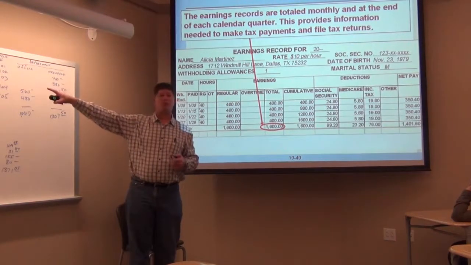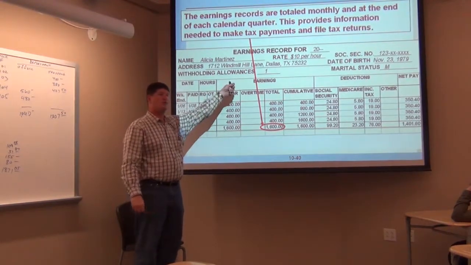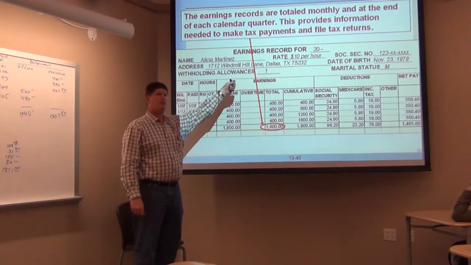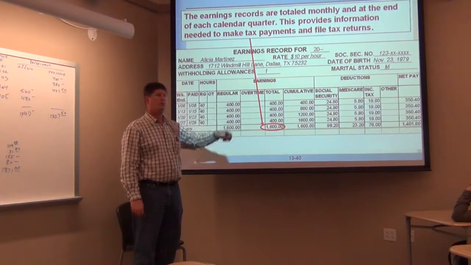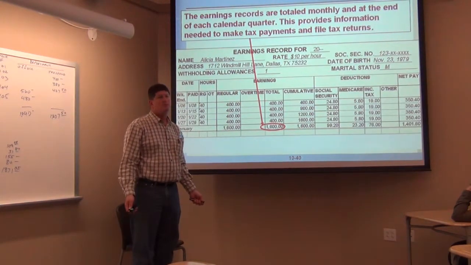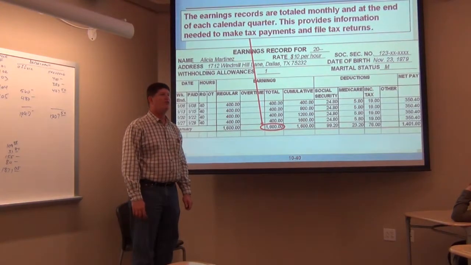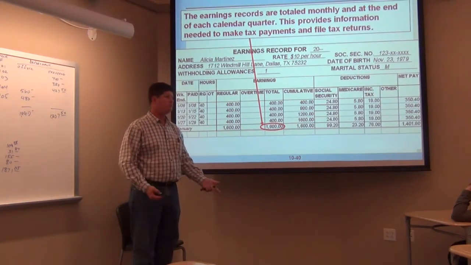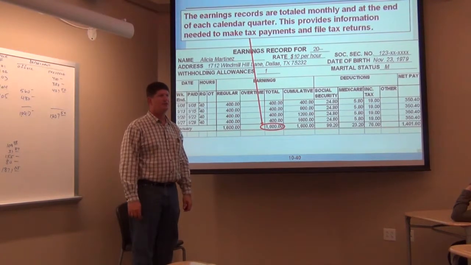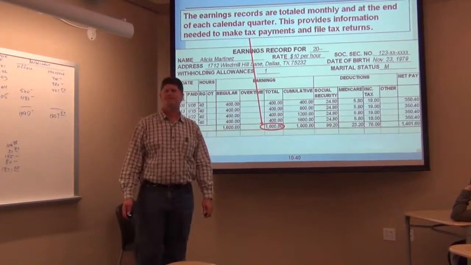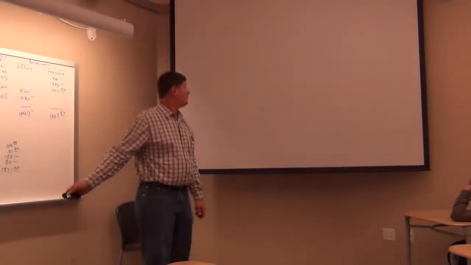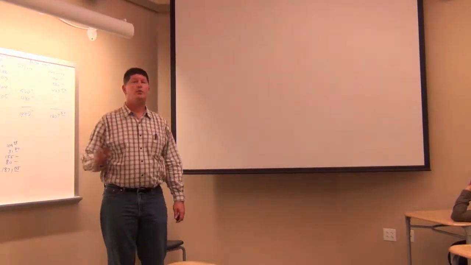So once you're done with the payroll register up there, you transpose it to each individual employee's personal earnings record. Okay? It's part of the record keeping process. If you're doing this in an automated fashion, the computer's doing it for you. Automated is obviously quicker. Okay. So, questions? Nothing? We're good.